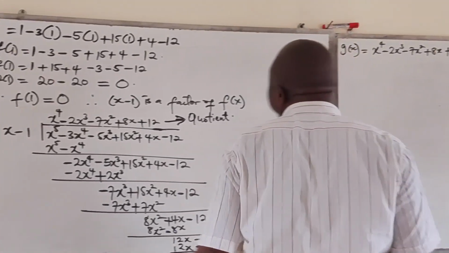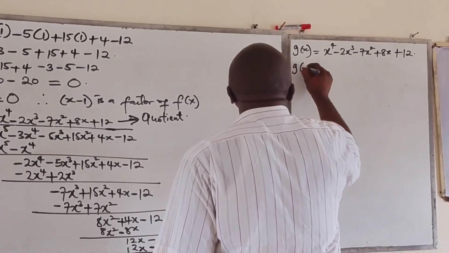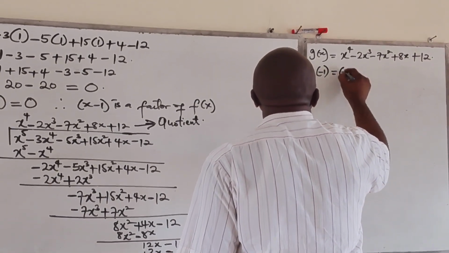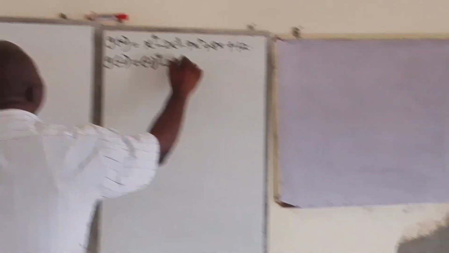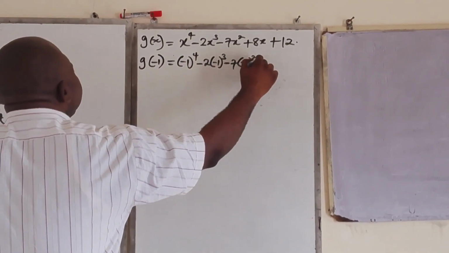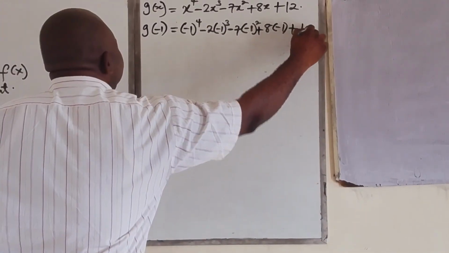Now going by the same testing substitution. Now let's look at g of minus 1. Now g of minus 1 will be equal to minus 1 power 4 minus 2 in bracket minus 1 power 3 minus 7 in bracket minus 1 raised to the power of 2 plus 8 in bracket minus 1 plus 12.